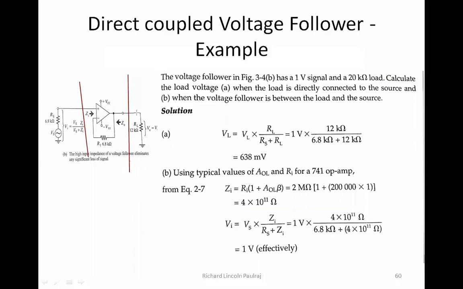With regards to A, it is actually connecting from here to here directly. So this is my case A, and case B is as usual, the whole circuit here. So two cases. I hope you have understood the problem as to what we are supposed to do.